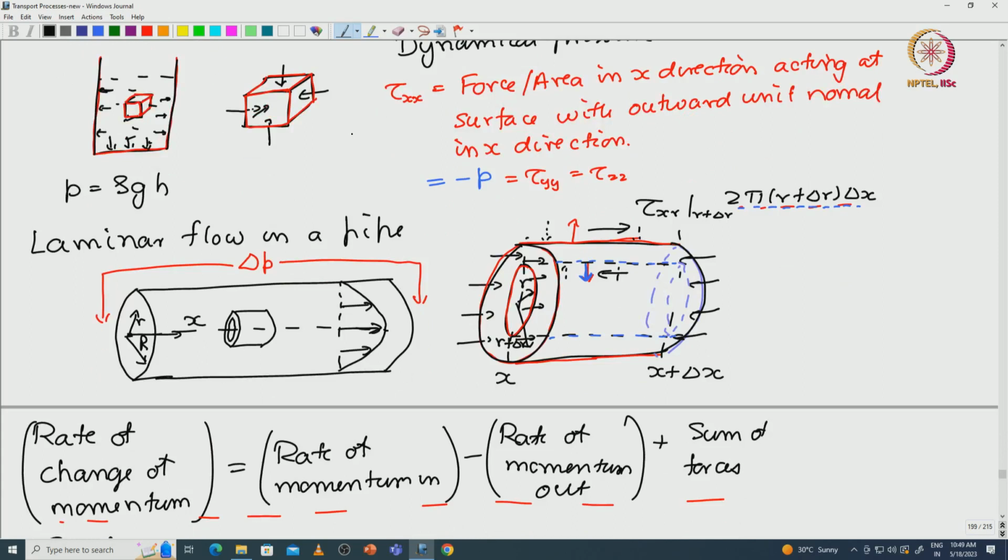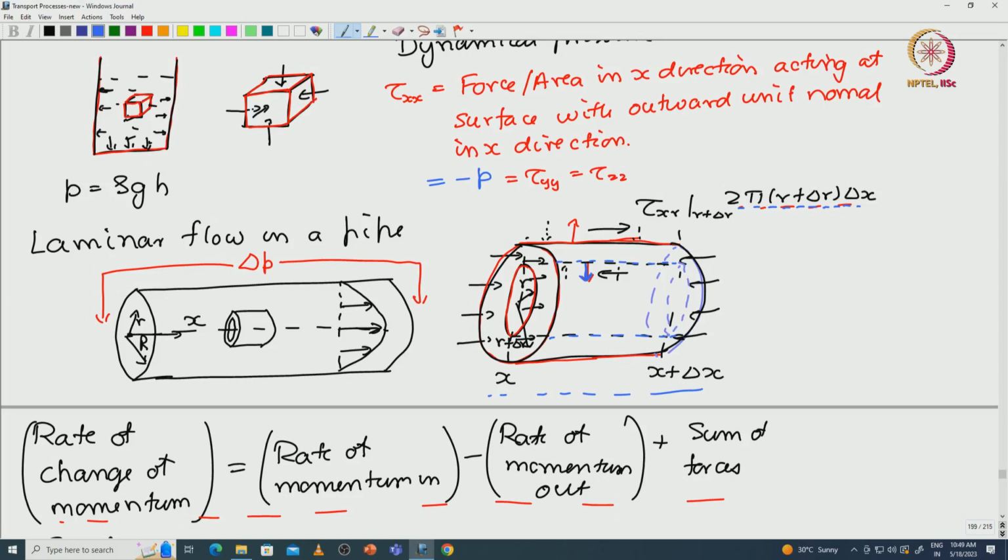We had derived this by doing a shell balance over an annular cylindrical shell in which the thickness in the radial direction was delta r and the thickness in the axial direction was delta x. And in this cylindrical coordinate system, there is a force in the x direction.